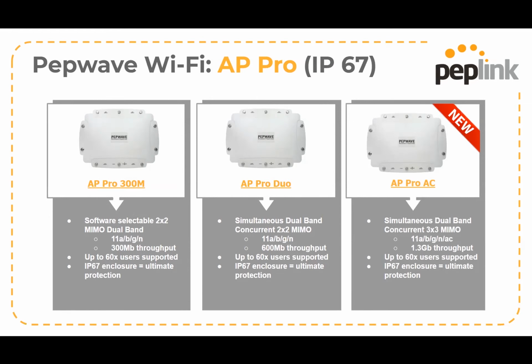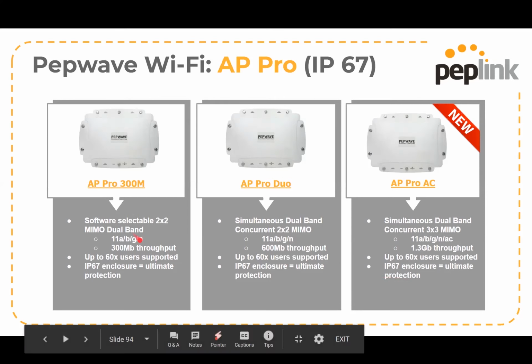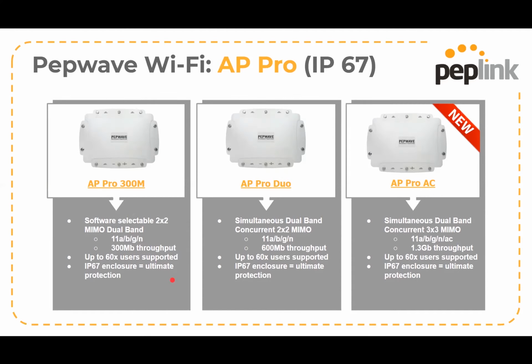We start with the AP Pro 300, and we have the AP Pro Dual, and we have the AP Pro AC. Again, it's easier for you to remember if you set a baseline and remember the differences. We start with ABGN with 300 megs of throughput only, up to 60 users. So this is great for maritime use on a small boat, for example.